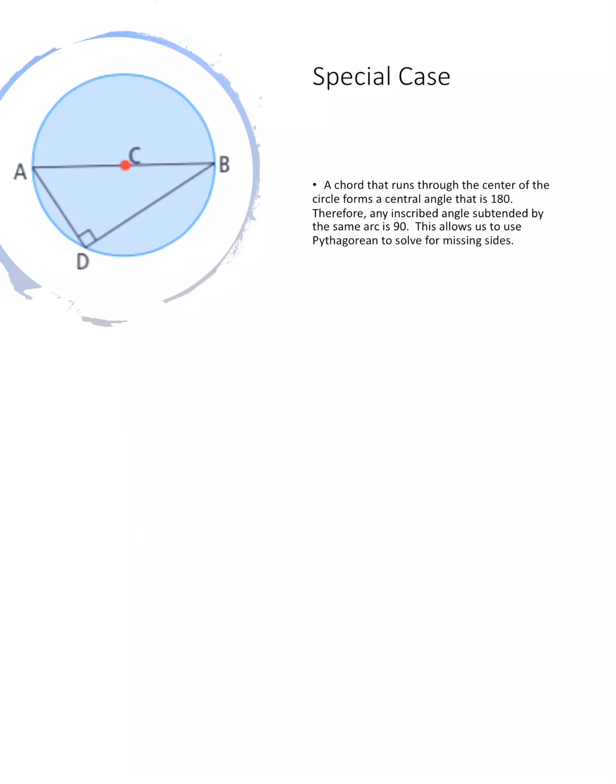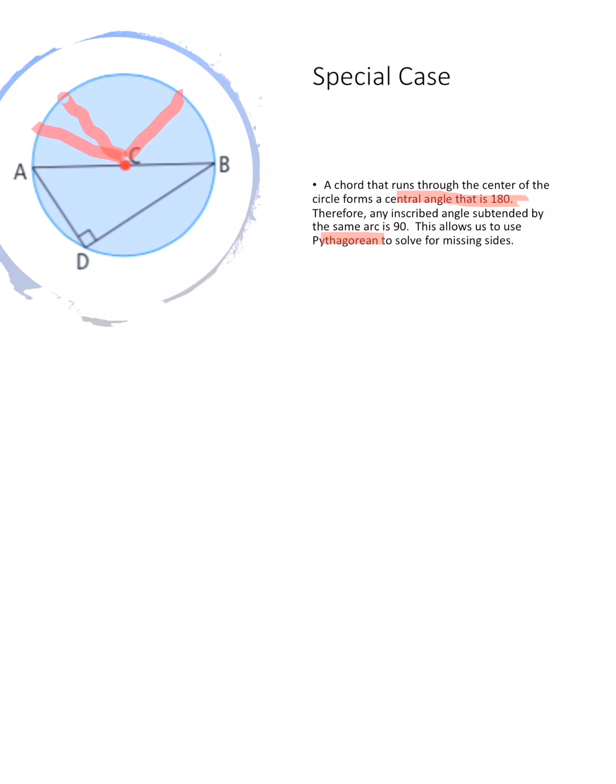All right, and just a special case to think about. A chord that runs through the center of the circle forms an angle that is 180, right? So a straight line makes this angle 180. So any inscribed angle subtended by the same arc would be 90, and this allows us to use Pythagorean to solve for missing sides. Although it might not look like it, this is a central angle, right?